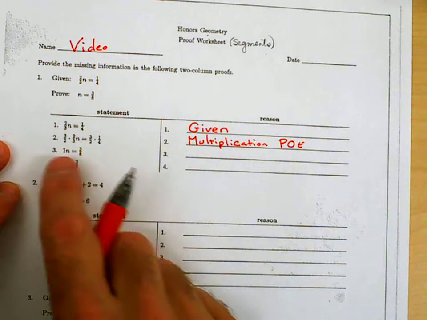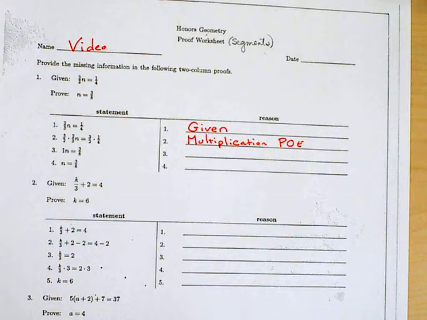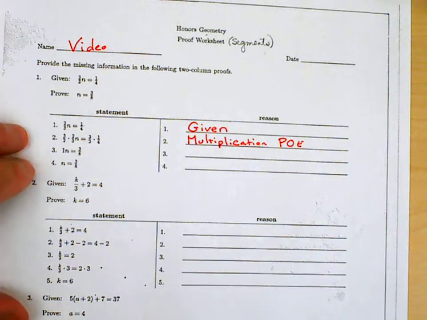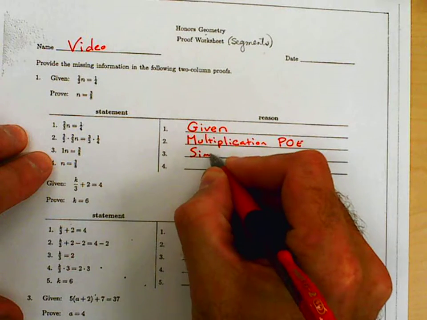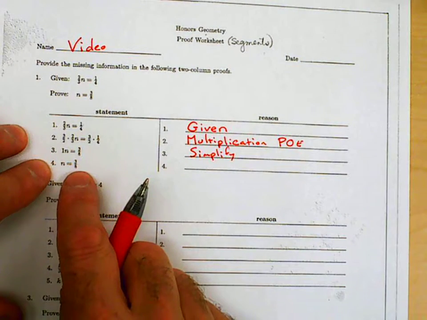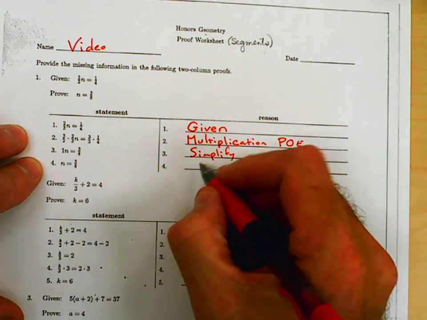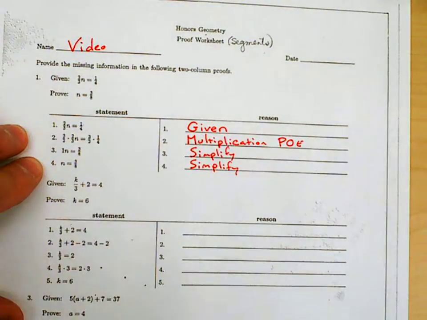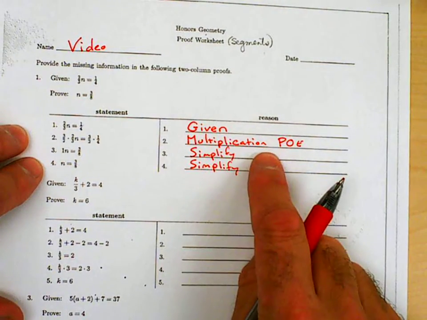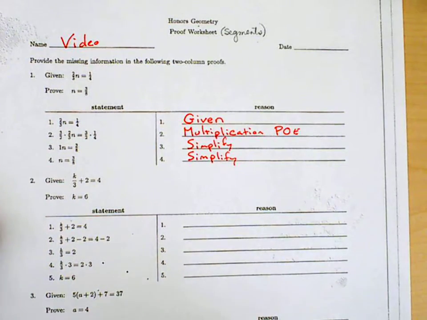Now, when we multiply that and multiply that, we are simplifying, and that's what we're doing here. We simplify, and we simplify a little bit more. 1n equals n, and we're done. So really all we did here was multiply both sides by 3/2, which is the multiplication property of equality, the primary reason. That's a pretty quick and easy proof.